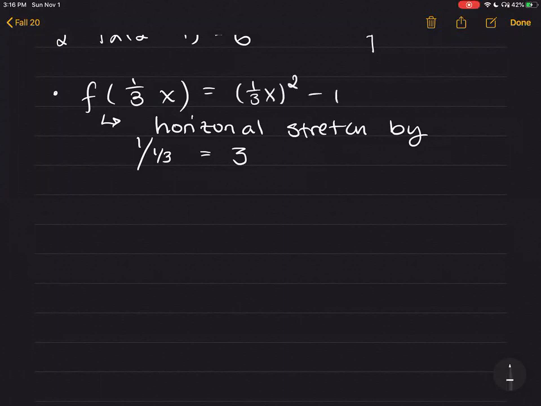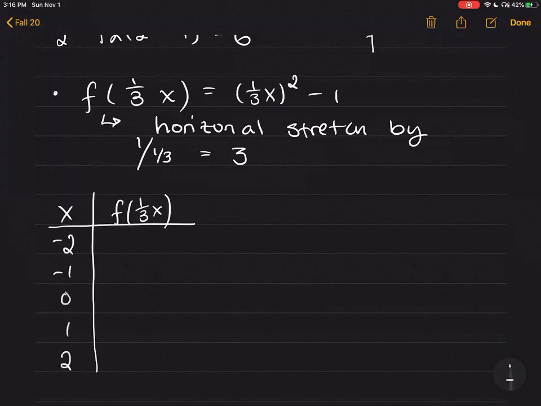All right, so let's do our table of values. F of 1/3 x. We have -2, -1, 0, 1, and 2. And let's see, we have 1/3 times -2, and that's all squared, minus 1. And if you do the math for that, I believe it comes out to -5/9.